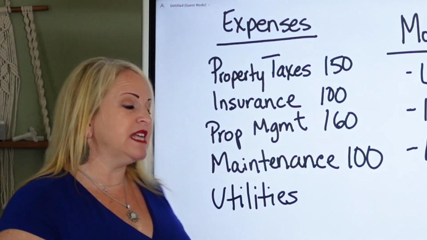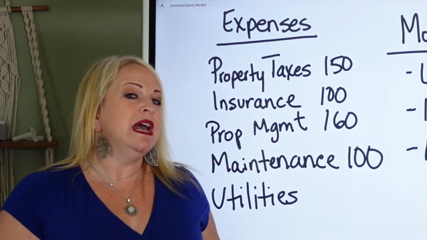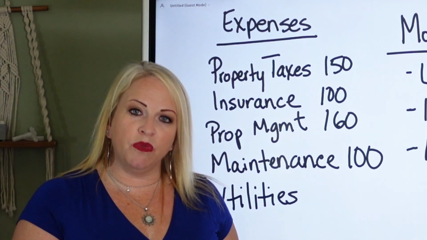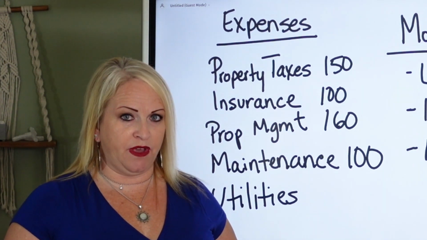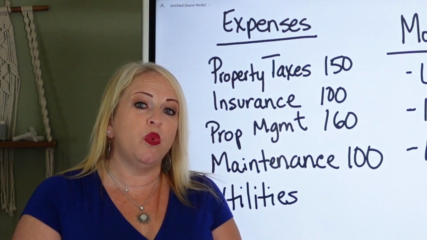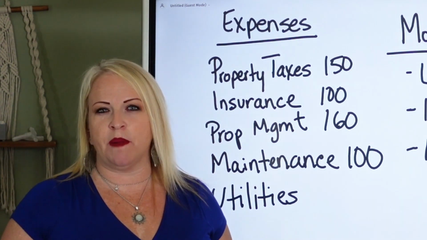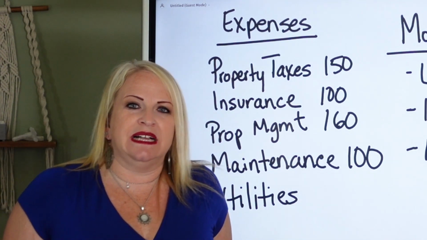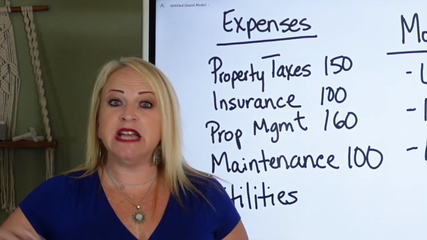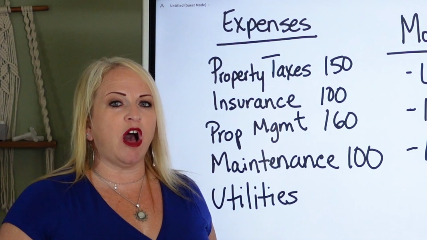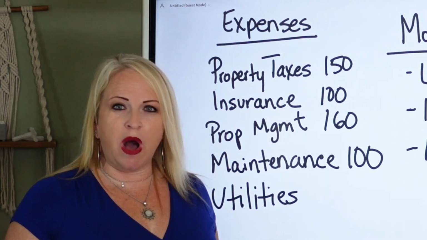Now with utilities, I want you guys to be aware that utilities can be a thing, but the way that we have always run our portfolio when it comes to duplexes is we do not pay any of the utilities. When you start getting into larger properties, probably even as early as a fourplex, definitely apartments, it's pretty common for the landlord to pay the water and sewer.